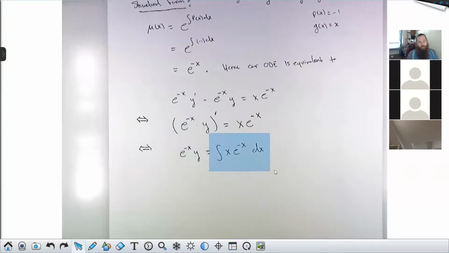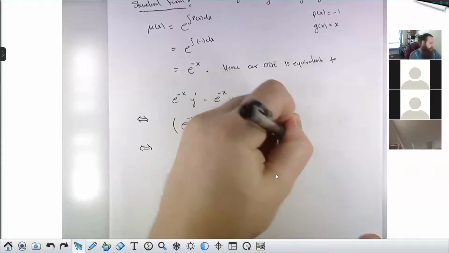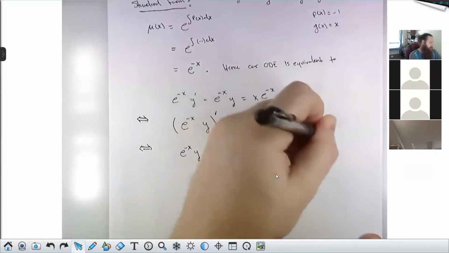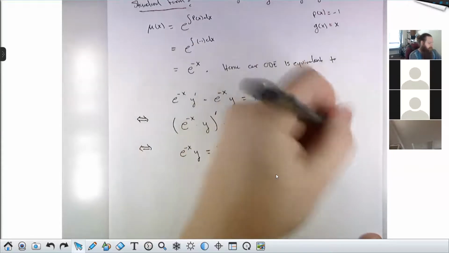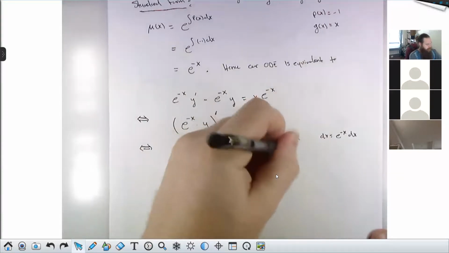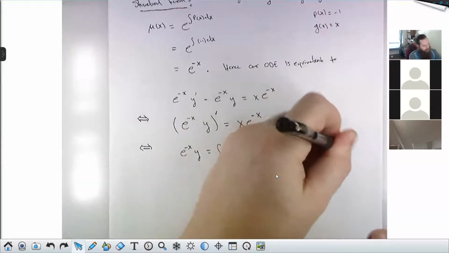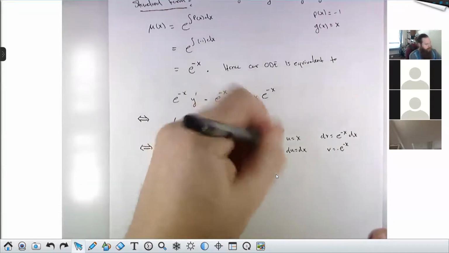On the right-hand side, you've actually got to do the integral. This is again integration by parts. The IVP here is not bad.